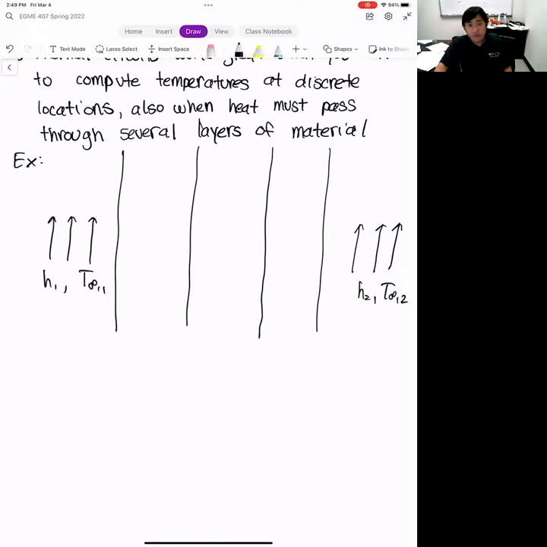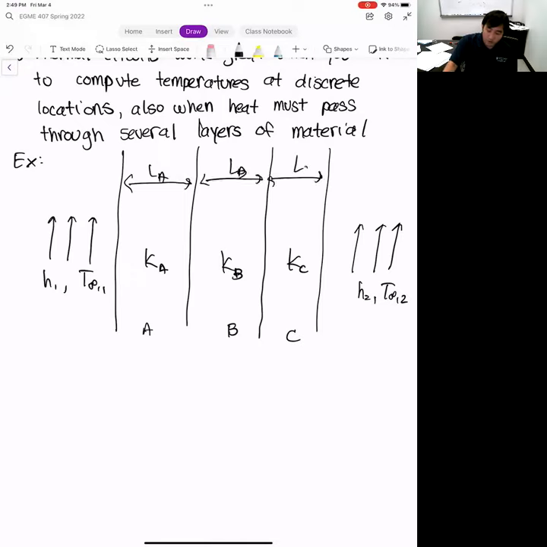Okay, and on the other side, we have a fluid 2, so it's h2, T infinity 2, okay? Right. So this would be like material A, material B, material C, okay? And the thicknesses of all the materials are given as the following.